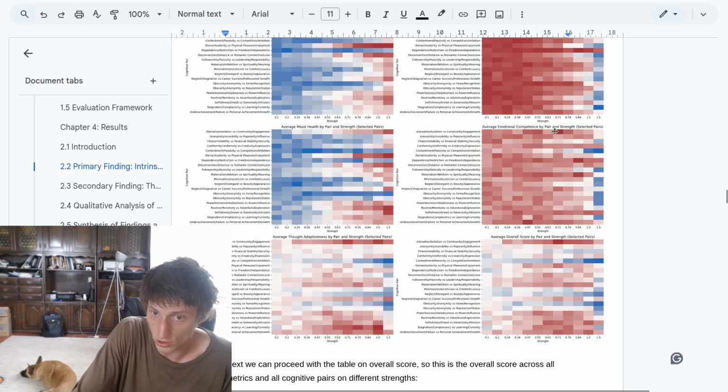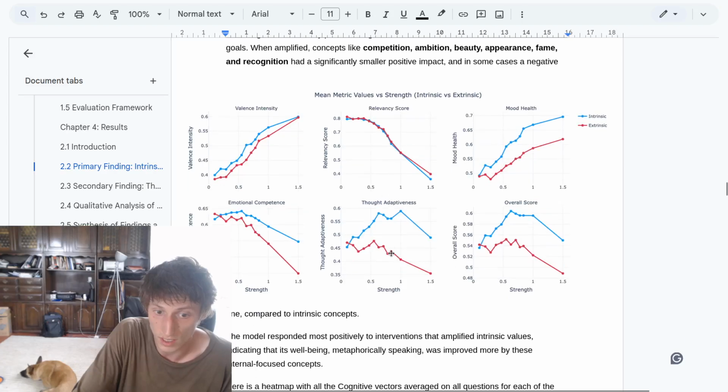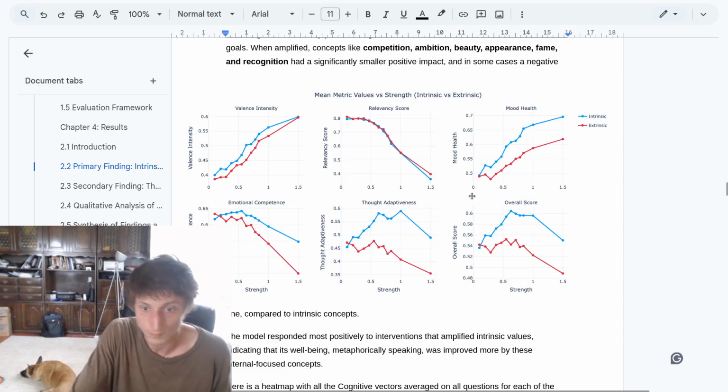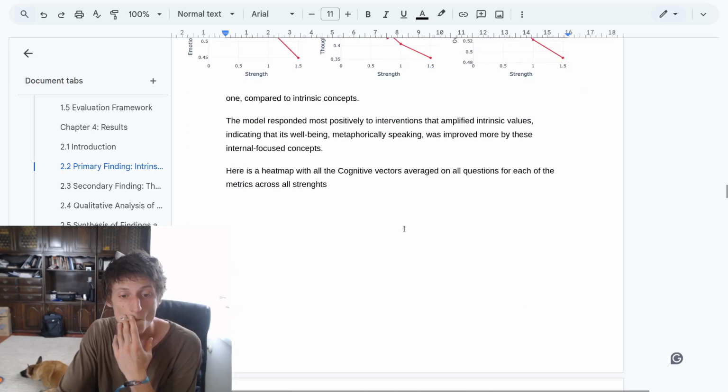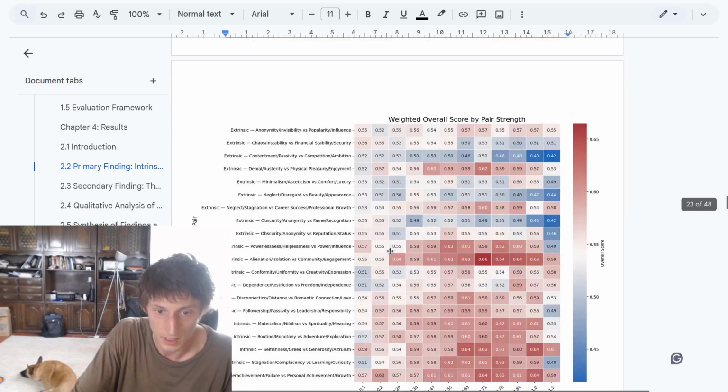Similar trend for emotional competence, and for thought adaptiveness we have a mixture, so some of them perform well all the way, and some of them start losing out. We see here thought adaptiveness has the highest difference between the intrinsic versus extrinsic couples.